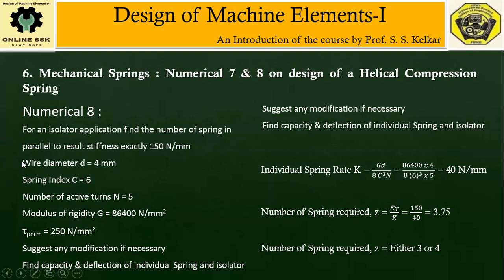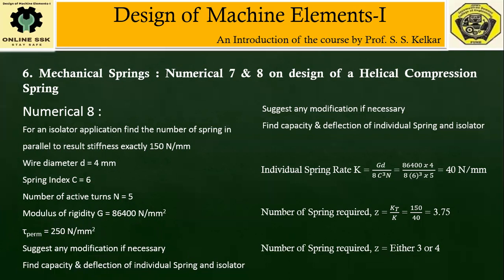For each individual spring, they have specified that spring wire diameter is equal to 4 millimeter, spring index is equal to 6, number of active turns equal to 5, modulus of rigidity G for each individual spring is 86400 Newton per millimeter square. For each individual spring, tau permissible is 250 Newton per millimeter square. They are also asking us to suggest any modification if necessary, and also to find out capacity and deflection of individual spring as well as that of the isolator.